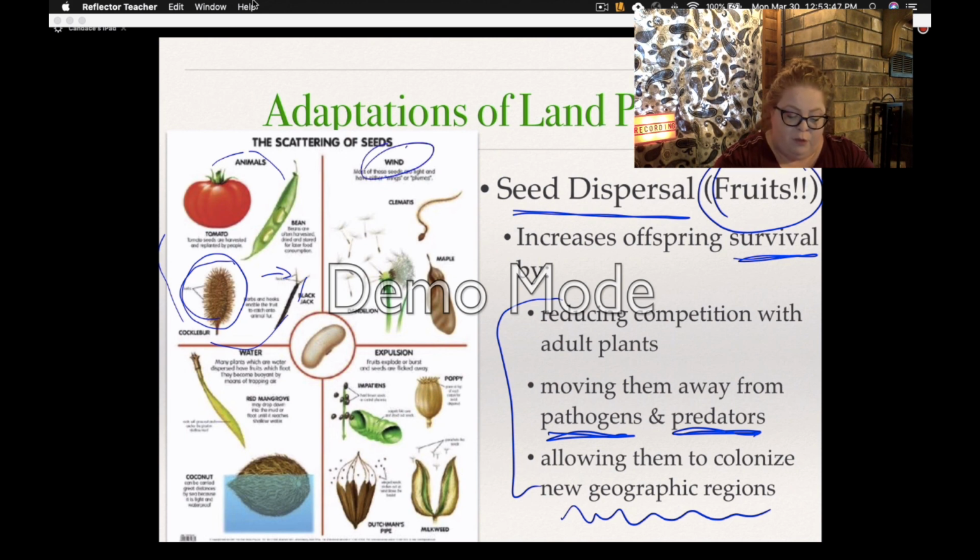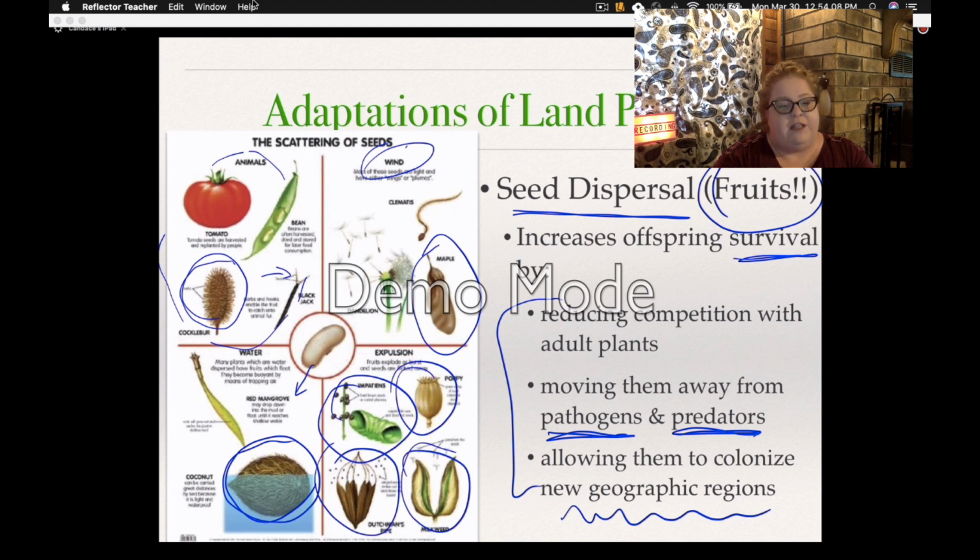They can disperse through the wind. You have seen these, the ones that we always throw in the air, and they look like little helicopters when they fall down. Water can also distribute. The fruit of the coconut allows it to be buoyant, and then it can move via water. And then expulsion. If you have the inclination to look up a video, these are pretty interesting.